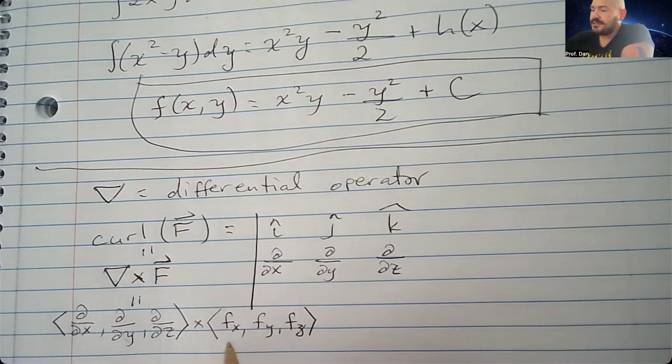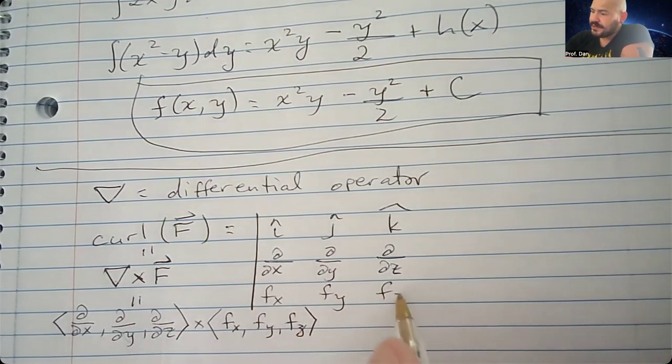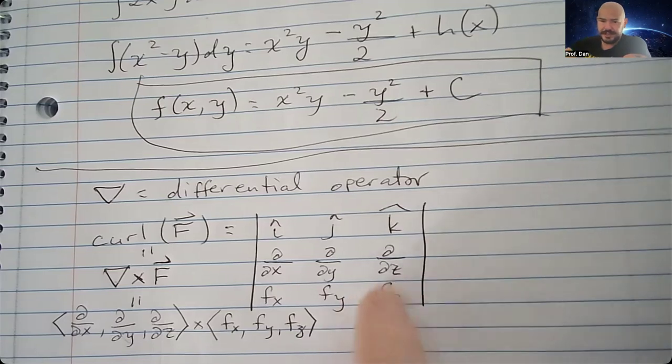And here we're assuming that it's a conservative vector field. All right, so basically if I evaluate that determinant, then I'll find the curl of F.